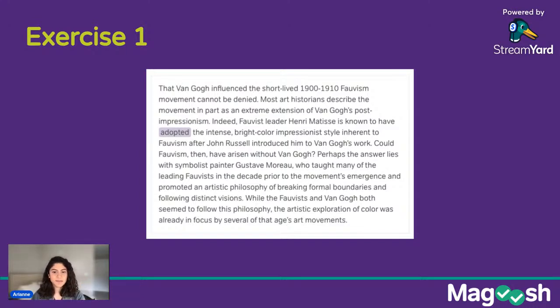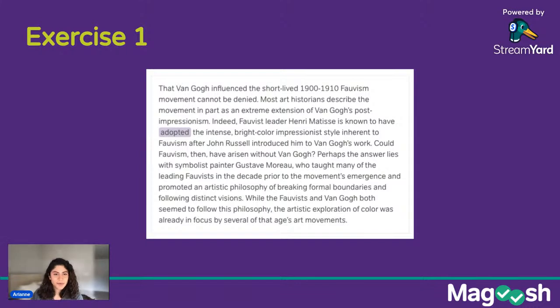That's the sentence before. Okay, so most art historians describe the movement in part as an extreme extension of Van Gogh's post-impressionism. Indeed, Fauve's leader, Henri Matisse, is known to have adopted the intense, bright-color impressionist style inherent to Fauvism after John Russell introduced him to Van Gogh's work.